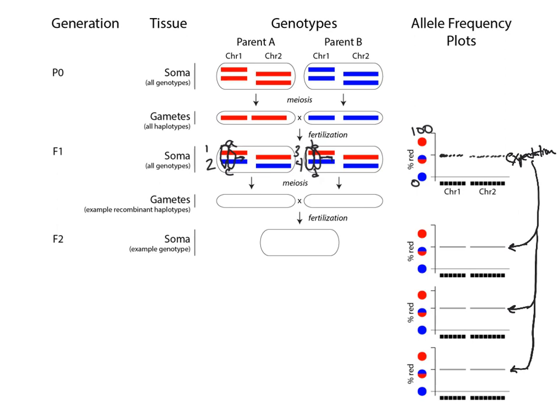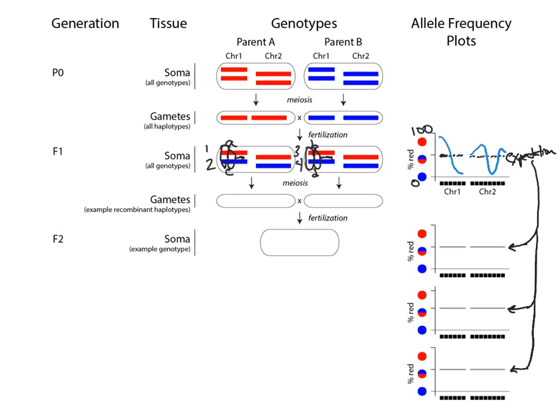In other words, if we were to see a bias or some sort of plot that showed deviations from that expectation, those deviations, segregation distortion or transmission ratio distortion, are suggestive that there could be selection acting on certain genotypes.